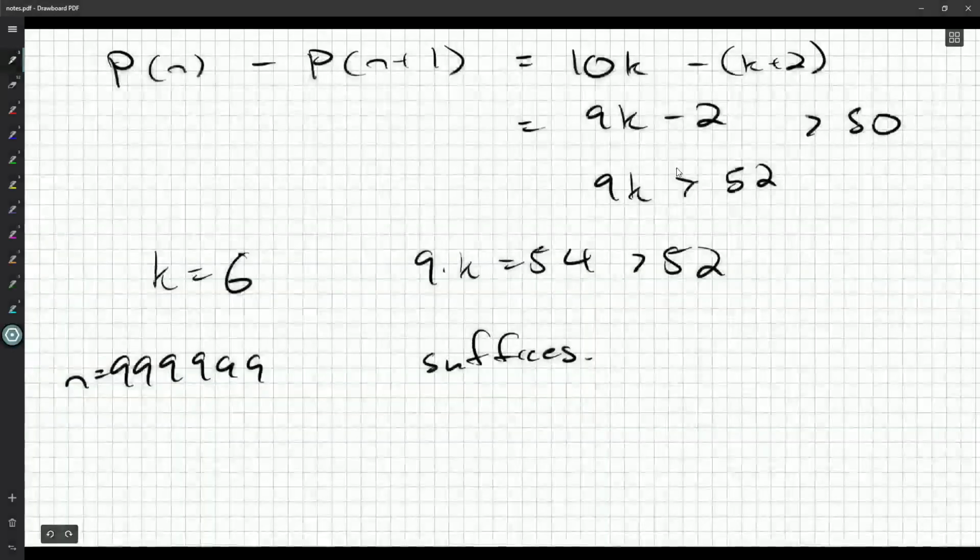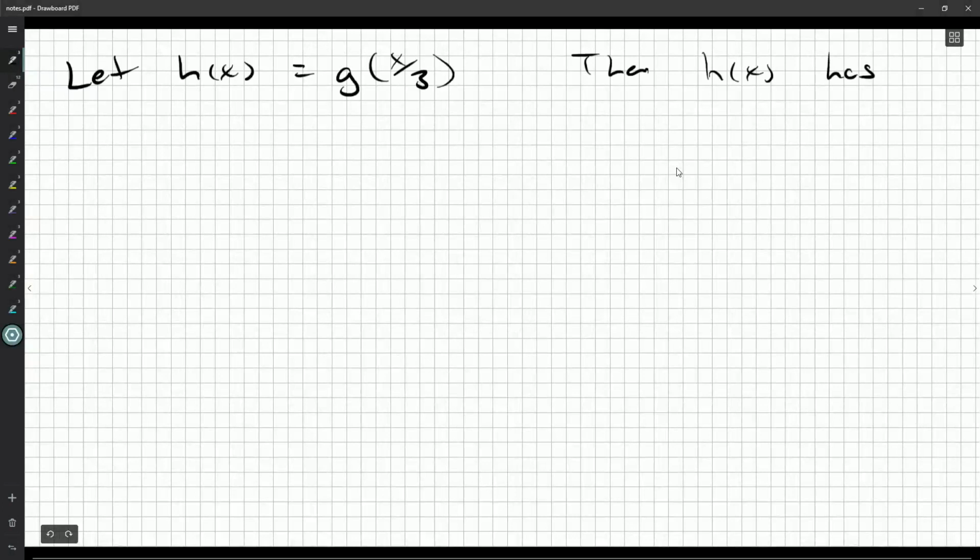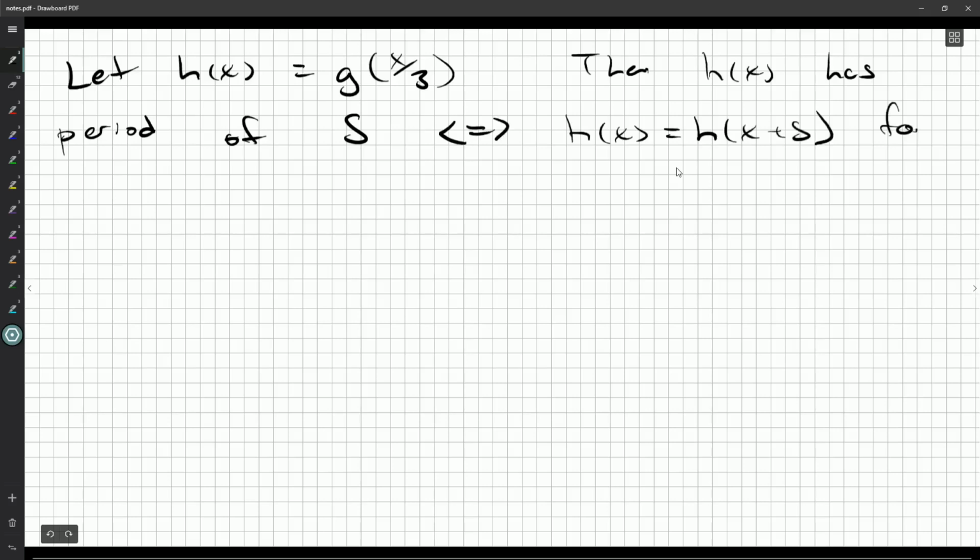Okay, so what can we say? Let's actually write that down. Let h of x equal g of x over 3. Then h of x has a period of s exactly if h of x equals h of x plus s for all x.